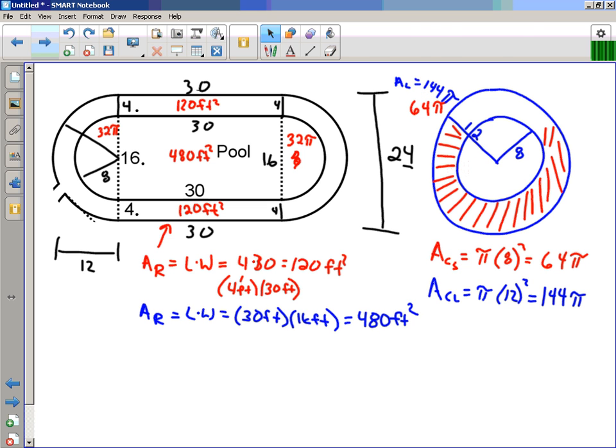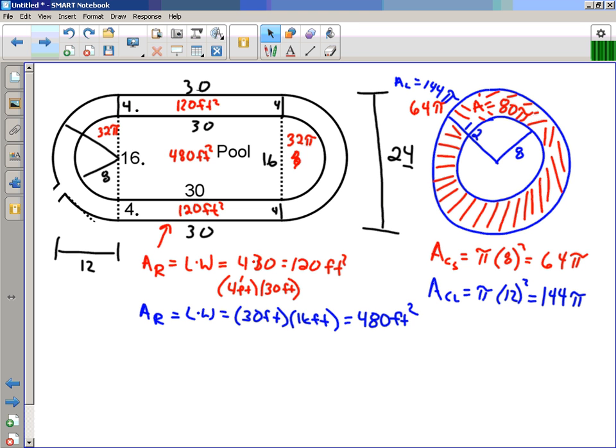So 144 minus 64 means my area is going to be 80 pi. 80 pi for just the ring. All right, so I've got 80 pi for that ring area.